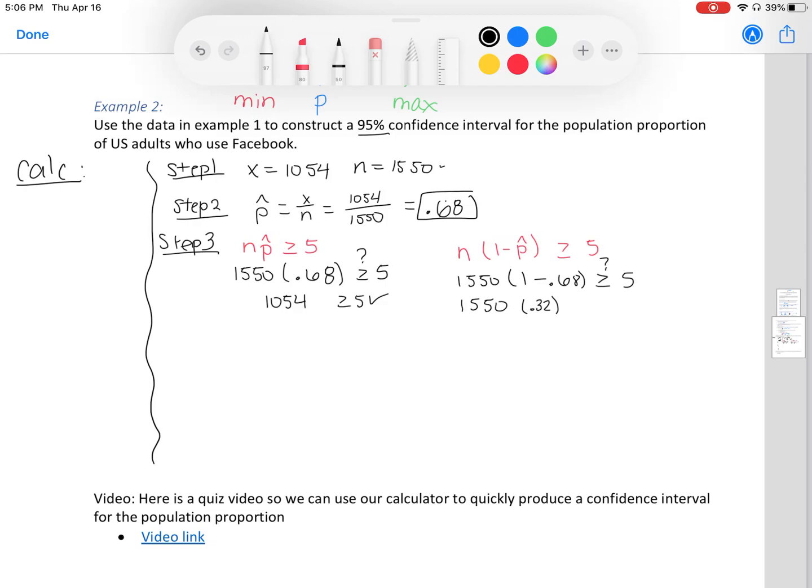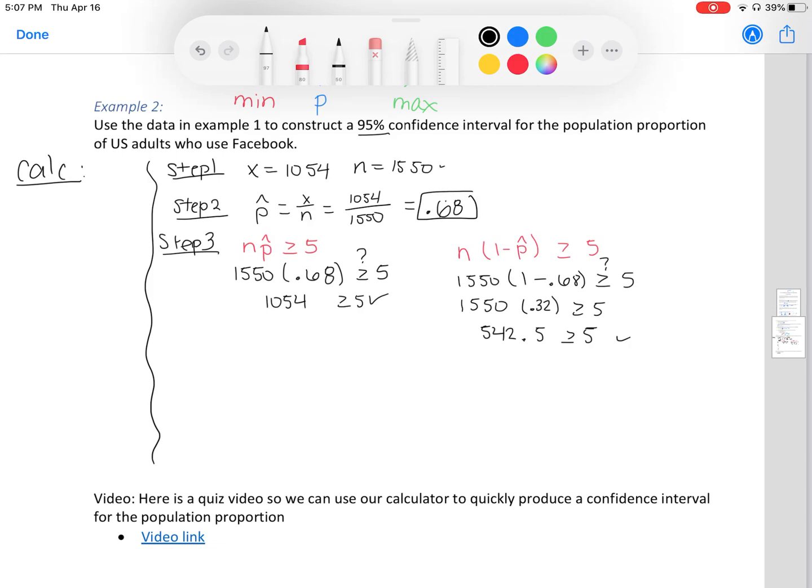We multiply those two together, and we get 496. All that matters is that it's more than or equal to 5, and it does. So we can say our distribution is approximately normal.